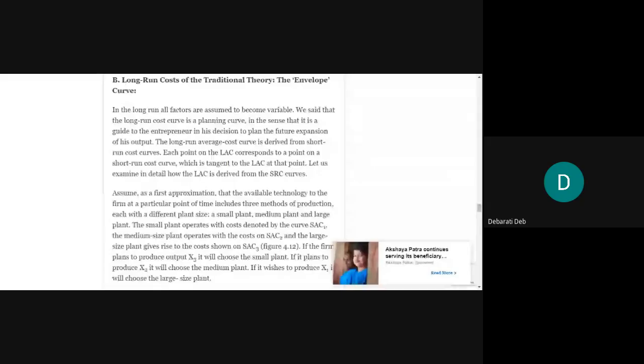So in the long run, all factors are assumed to become variable. It is assumed that in the short run, for the time being, some factors may remain fixed, because very often things are not changed in a factory.